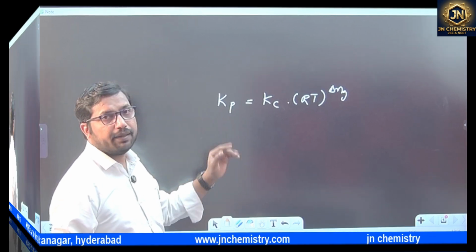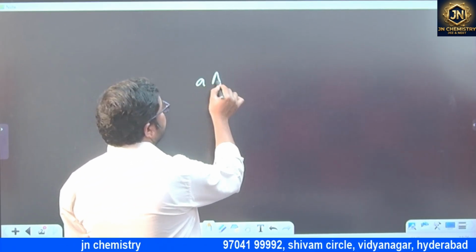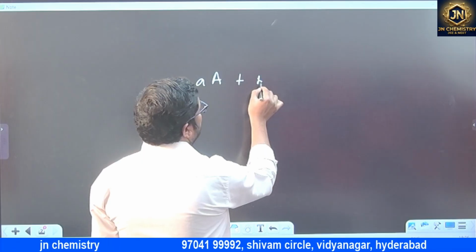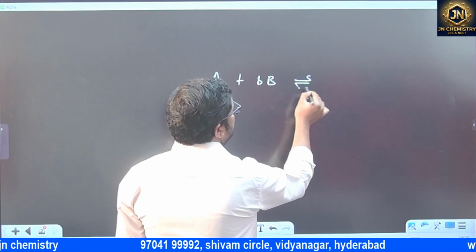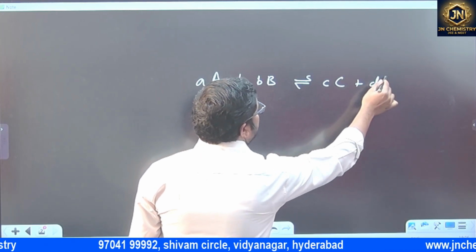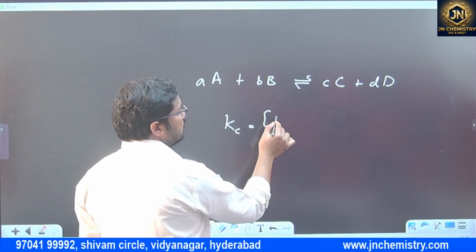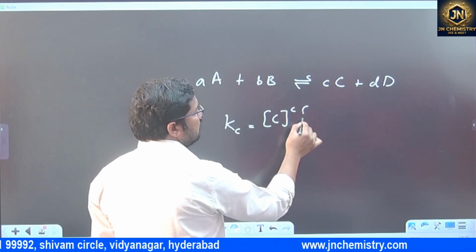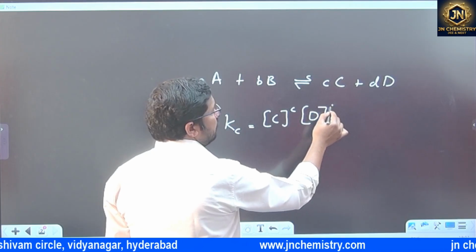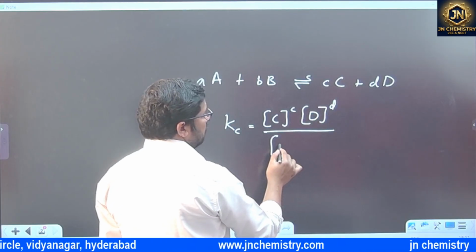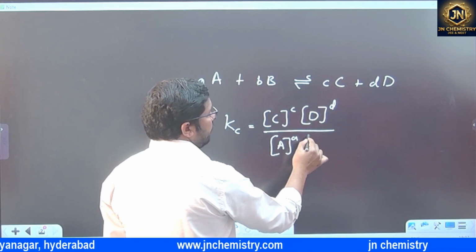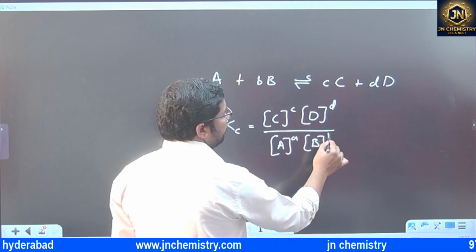So Kc and Kp. How do we write the Kc? Kc is equal to concentration of C power c, D power d, by A power a and B power b.